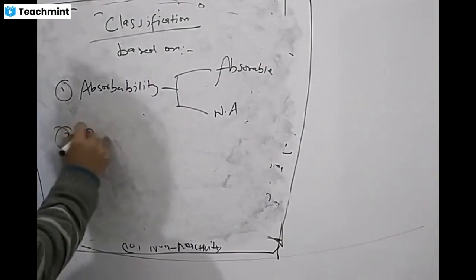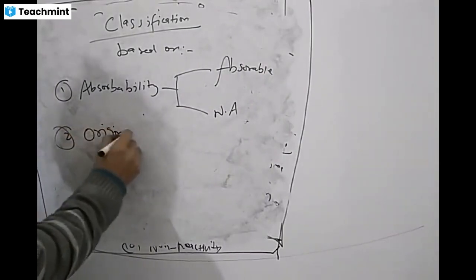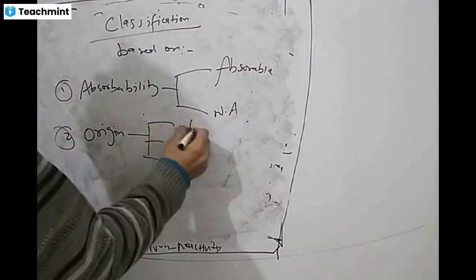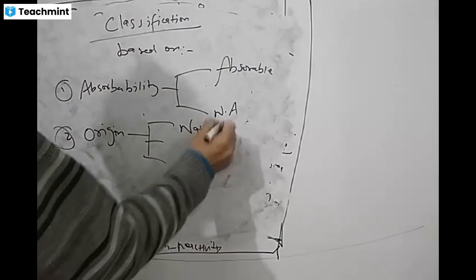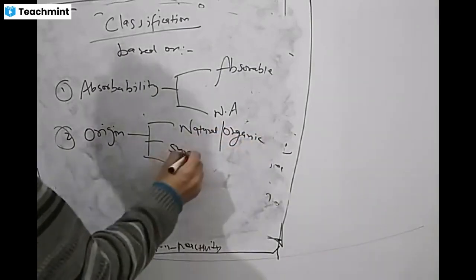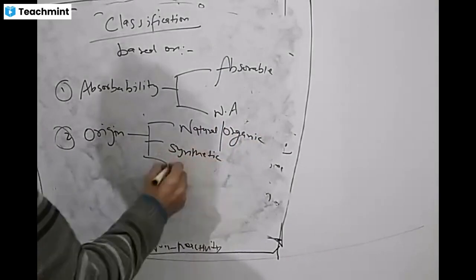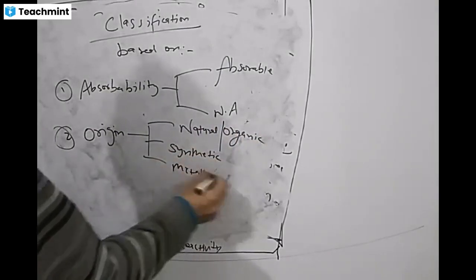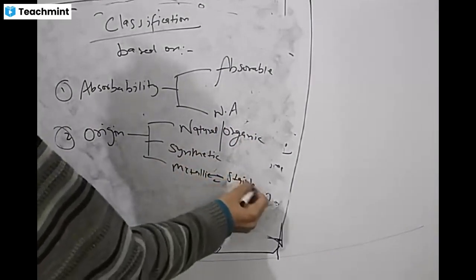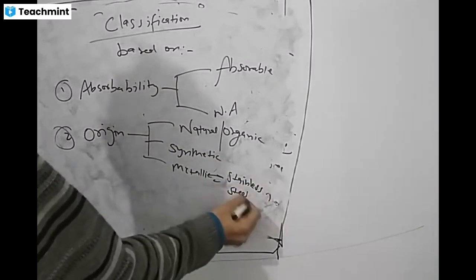Second is origin. Based on origin, there may be three: natural, some books call it organic; second is synthetic, and third is metallic. Metallic, we mostly use stainless steel wire. Stainless steel wire is used in orthopedic wiring, like fracture of your lower jaw, mandible.